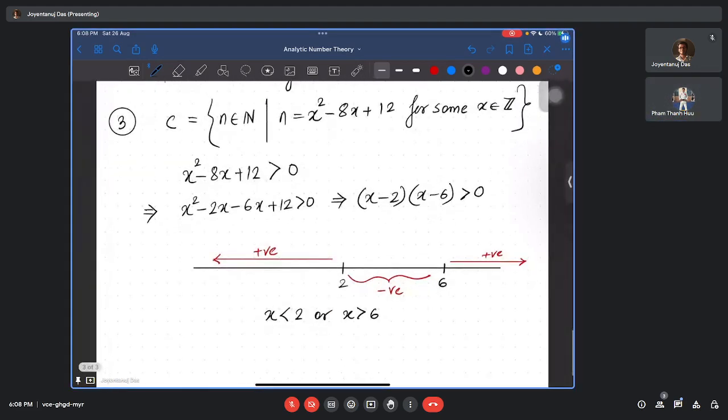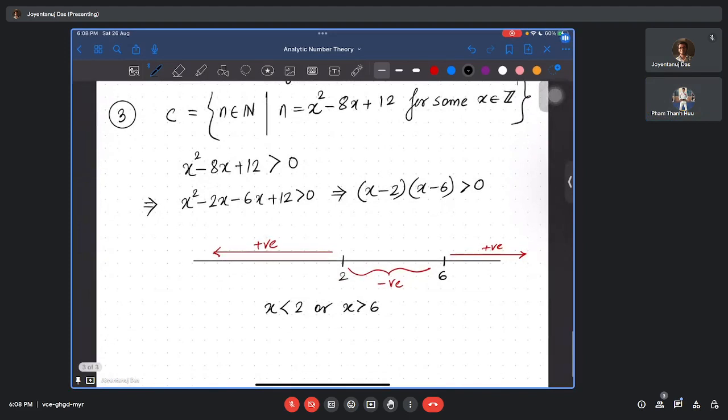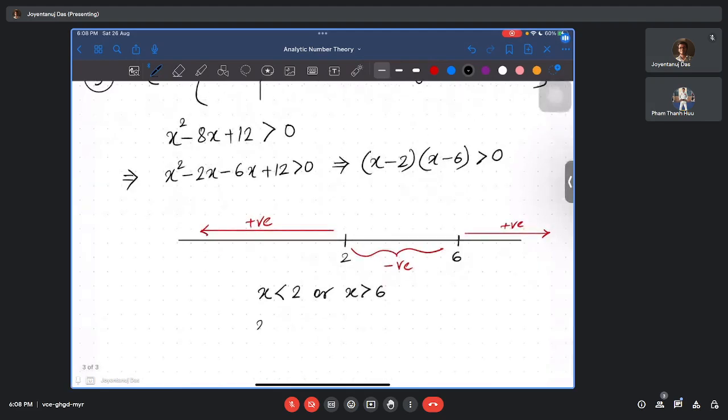So then what is the smallest one? Since we are trying to find the smallest one, x is 1 or x is 7. So this is the nearest one, right? Now for this we have to check which one offers the minimum value.